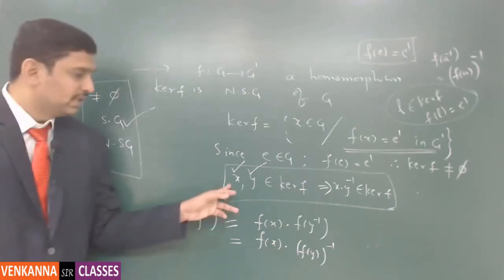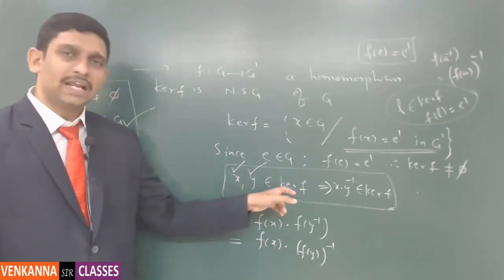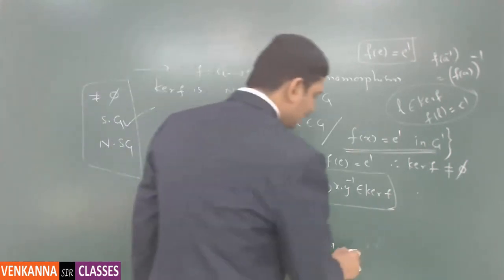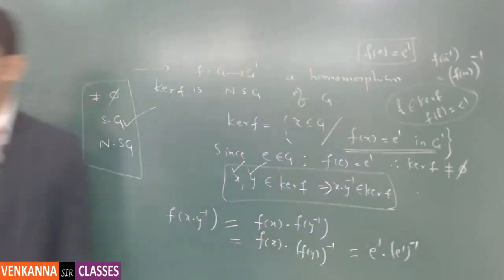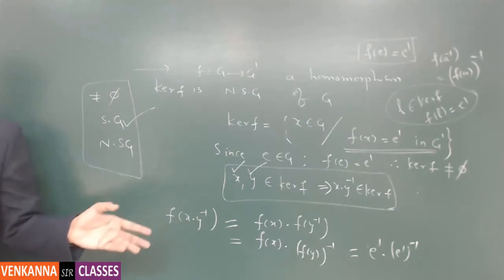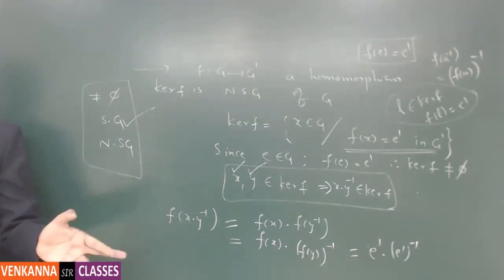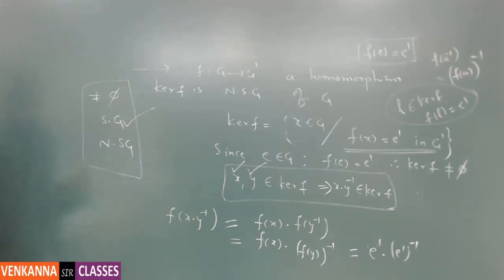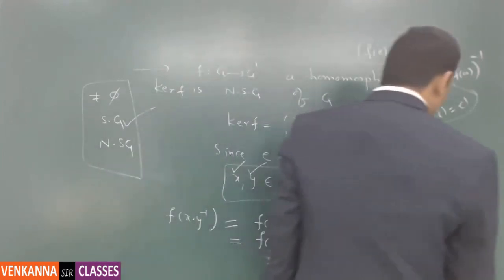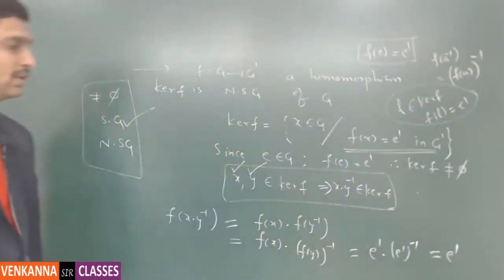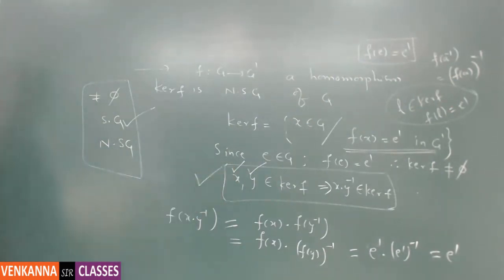Please understand, initially you have taken x and y in the kernel. So from the definition of kernel, you can write it as identity dot identity inverse, because f of x is identity and f of y is identity, because x and y are taken in the kernel. Since inverse of identity is identity itself, this is nothing but identity. Therefore, this condition is satisfied by kernel f, hence it is a subgroup. Please take a note of that.